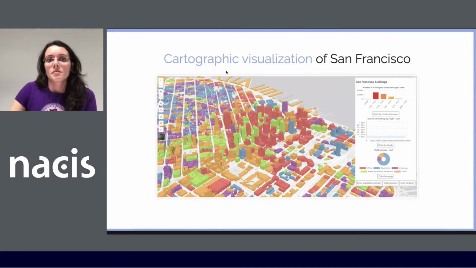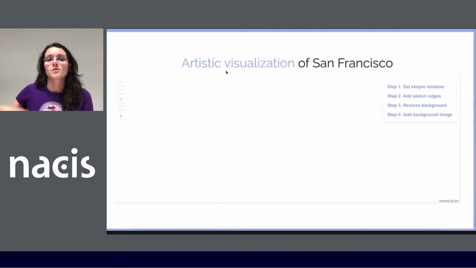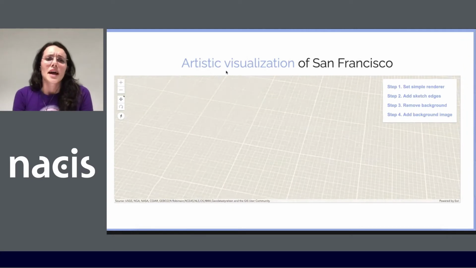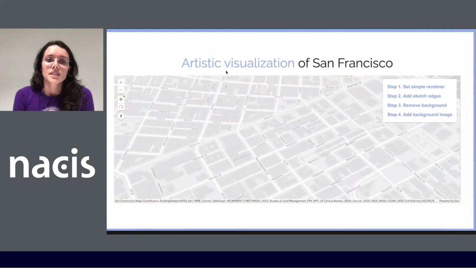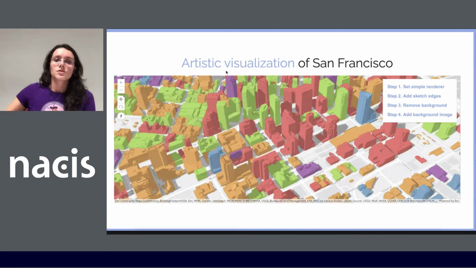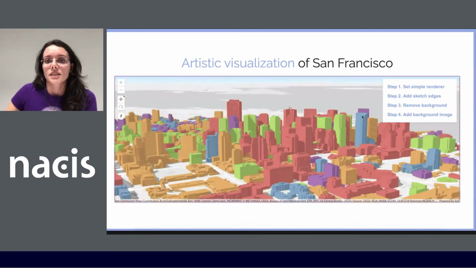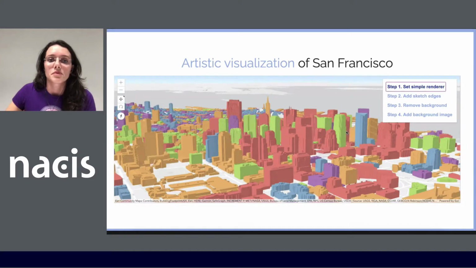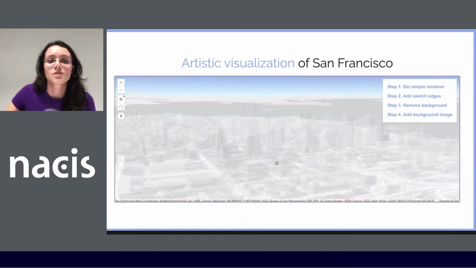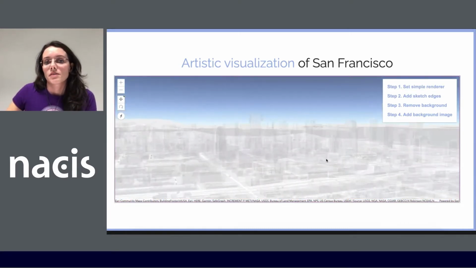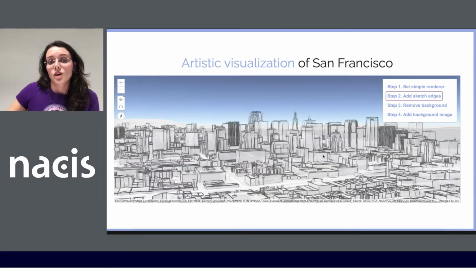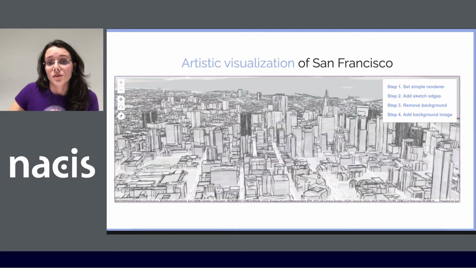Then my next example is what I like to call a more abstract or artistic visualization. We're going to take the previous visualization of San Francisco, and looking at these buildings, I'm going to change the coloring. In the Esri world, we call this a simple renderer. I'm going to visualize all of them with a very transparent light gray. I'll be adding edges to show the outlines of the 3D geometry of the buildings.